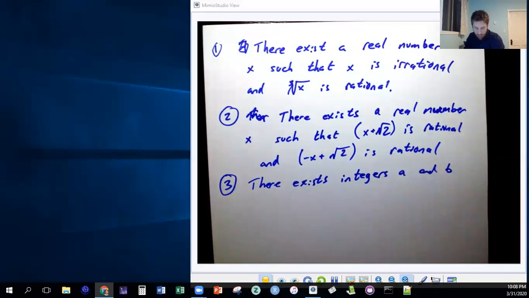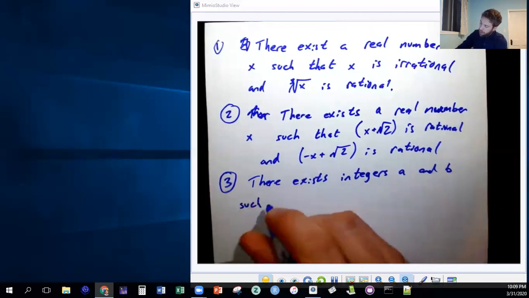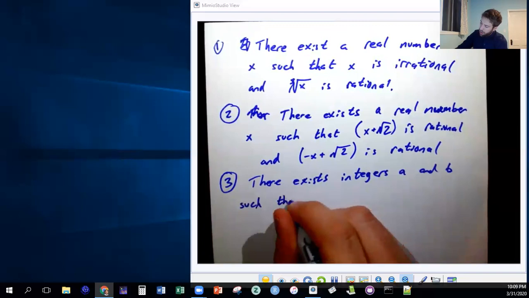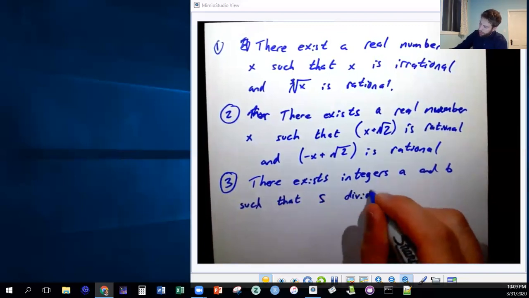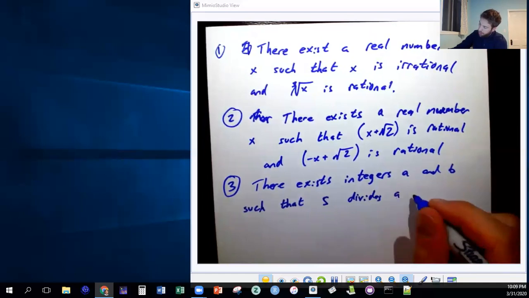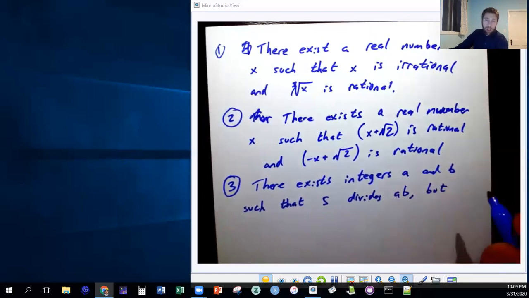So such that 5 divides ab, but, which is really another way of saying and, just a surprising and.